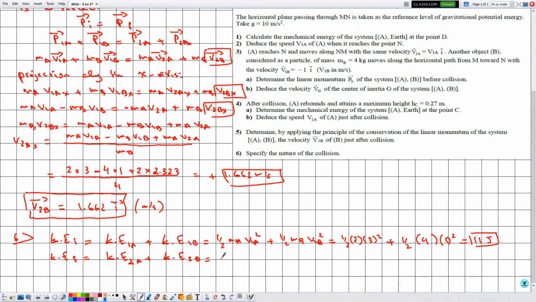Now let's replace the formulas. We know that the kinetic energy is quadratic in speed, so half MA V2A to the power 2 plus half MB V2B to the power 2. Now the masses are the same, but there is a rearrangement of the speeds, in such a way that this is 2.323, and this is 1.662.